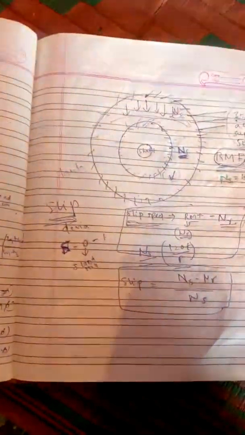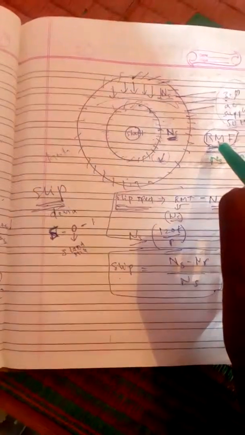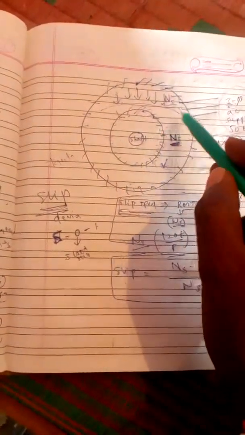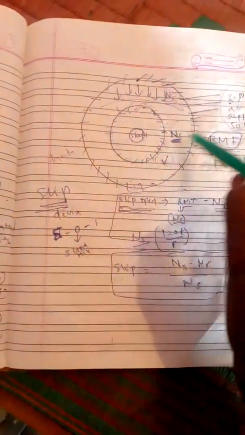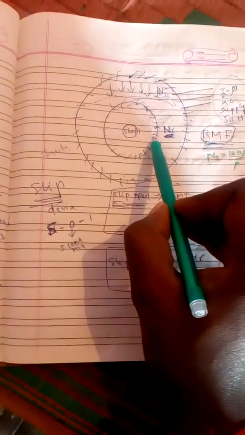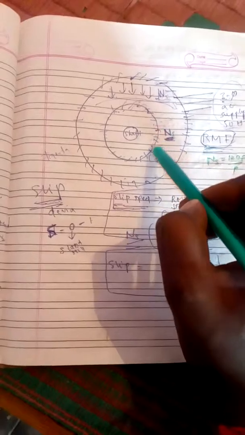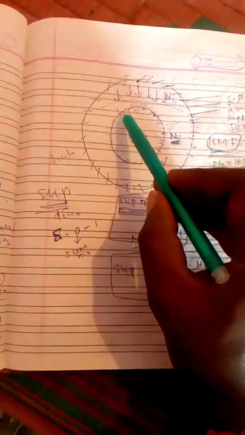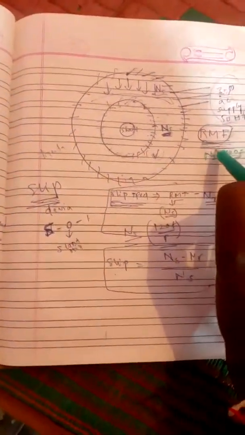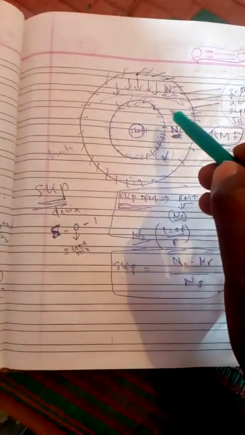Since the RMF is rotating and the rotor is at standstill in the starting position, there will be a relative motion between the RMF and the rotor, and in this way a flux will be generated which creates a force on the rotor conductors, and which tends to move the rotor in the direction of the RMF.